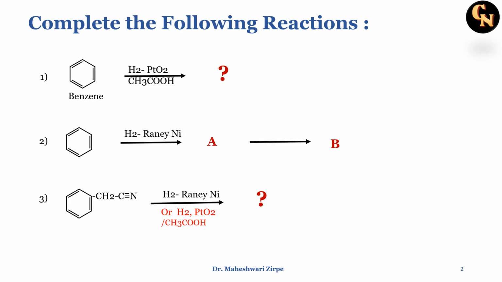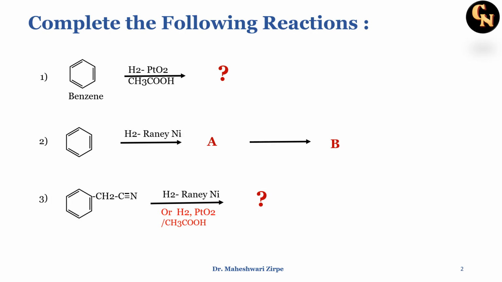The first one is a benzene ring, and the reagents given are H2PtO2, that is platinum dioxide, and acetic acid. This catalyst H2PtO2 is nothing but your Adams catalyst. One by one we are going to see all the reactions, but the main thing in such questions is that we should know what is written on the arrow.